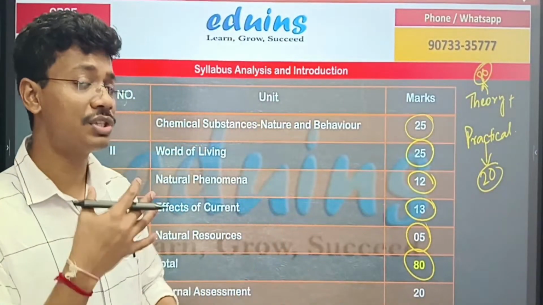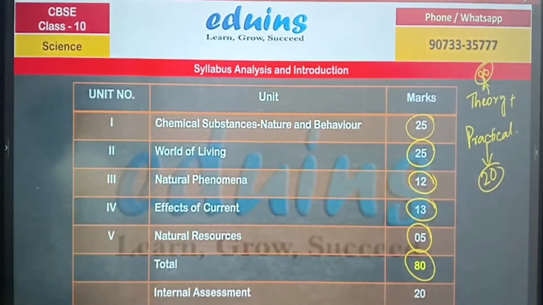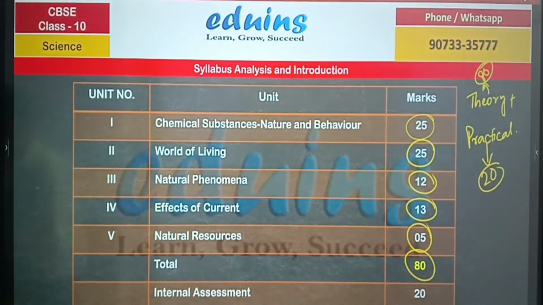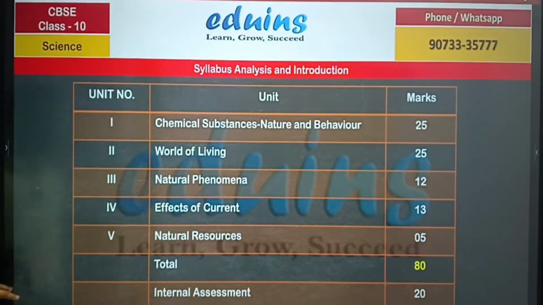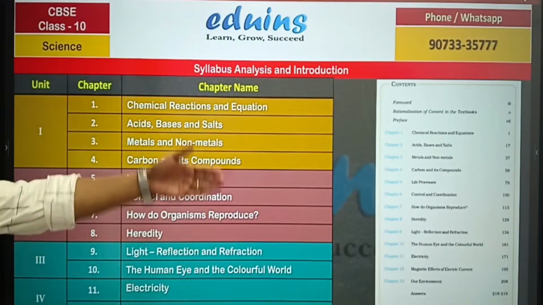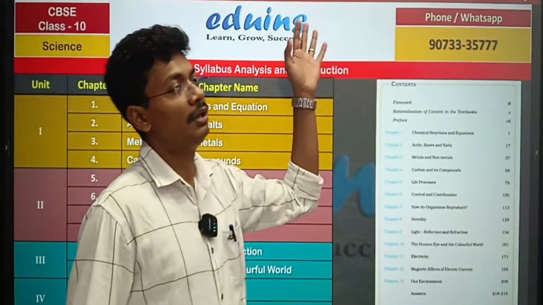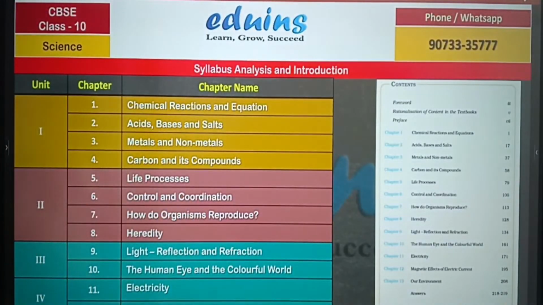So what are the chapters included in these units? We have to know in detail. First of all, unit 1. This is the screenshot of the syllabus of your book, and here is the overview.